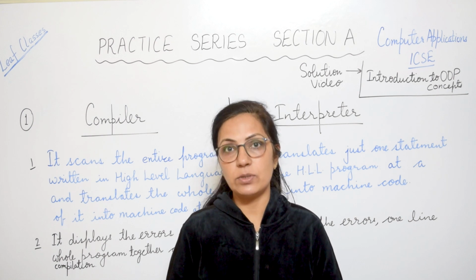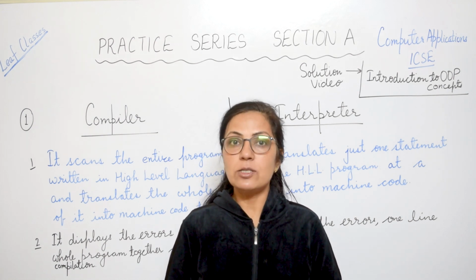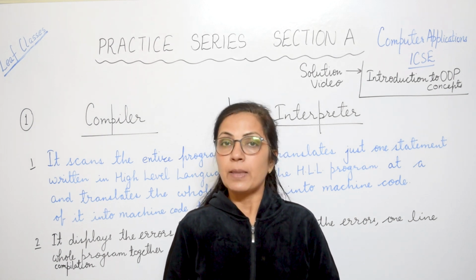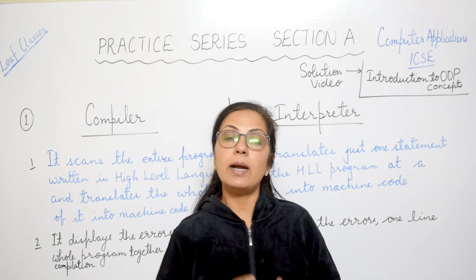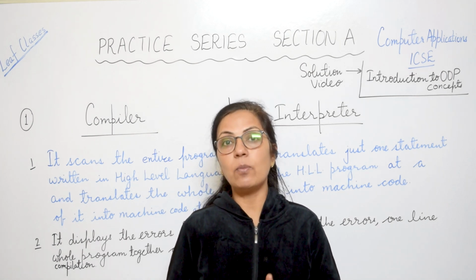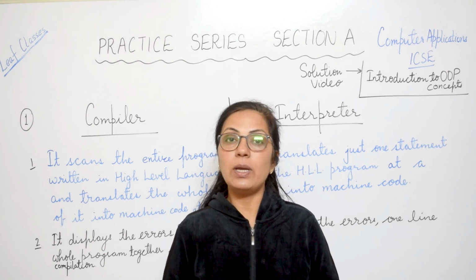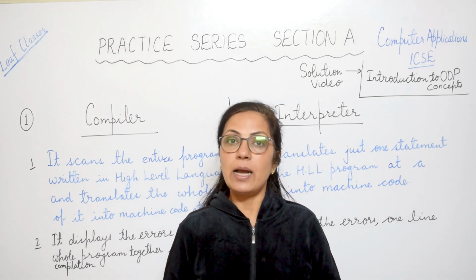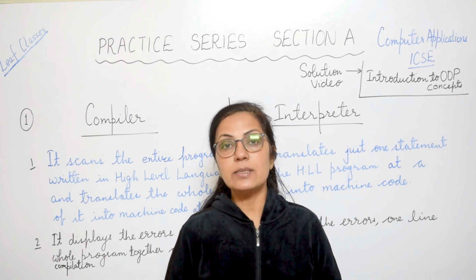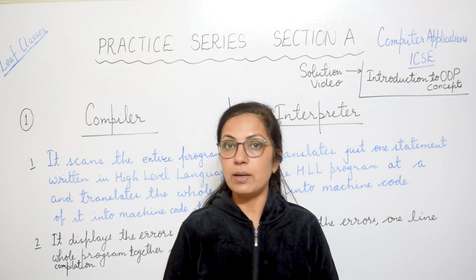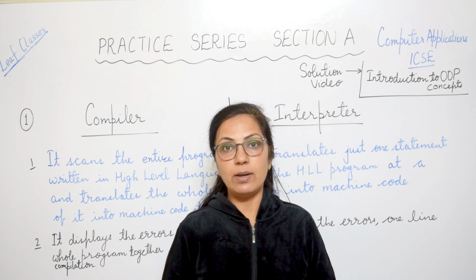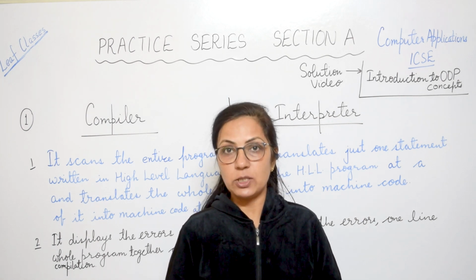Various high level languages we use, say Java is also a high level language. So to make the computer understand the program, what we have written, what we want the computer to do, we need a translator. And we have two translators, compiler and interpreter, that convert high level language code to machine level language.